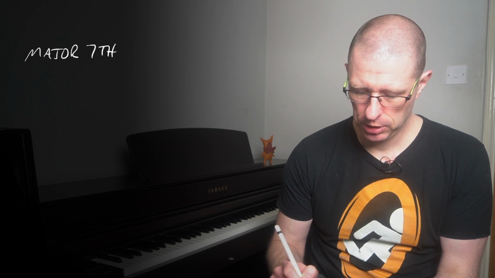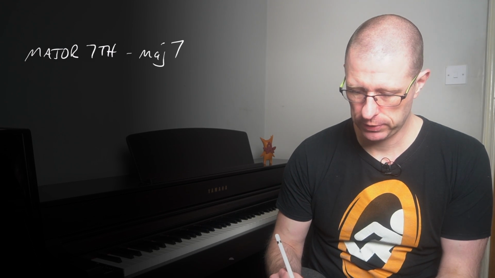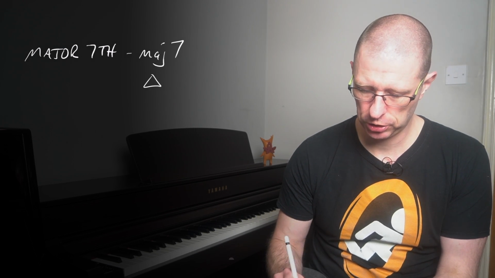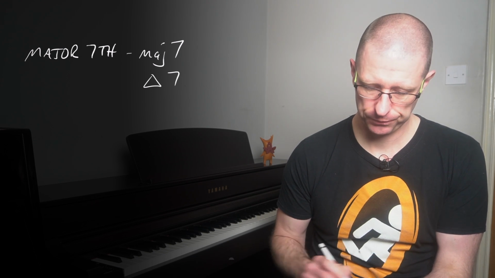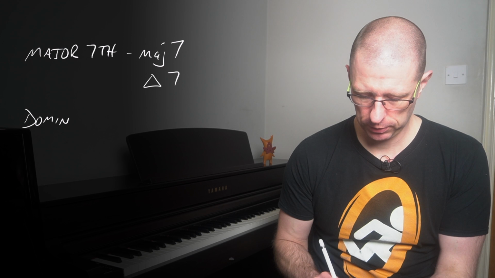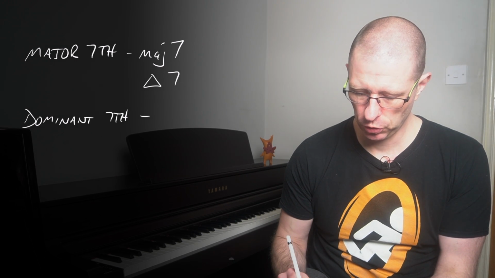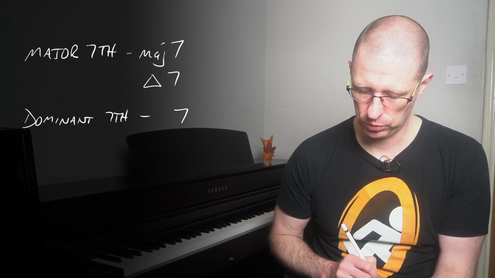Major seventh, which we spoke about earlier, could either be just MAJ7, or quite often you'll see a triangle with a 7. The next one, the dominant seventh, which as I said is probably the first one that you'll come across. Normally you'll just see a 7 on its own.